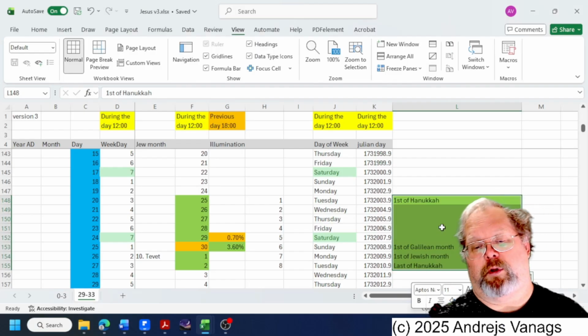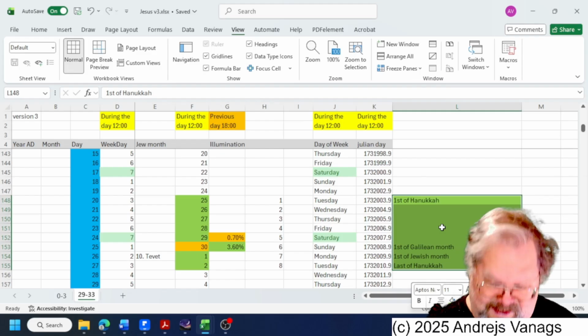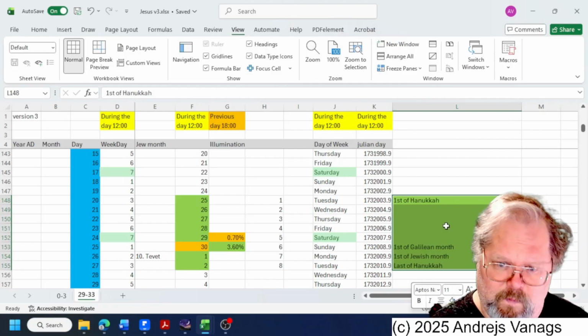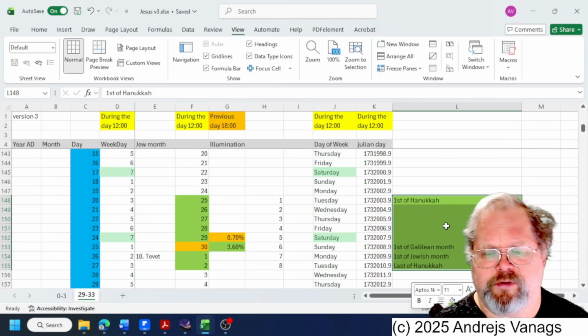It's important to know because the first of Hanukkah was when Jesus Christ came, as John tells us, into the temple and saw the old widow making a donation to the treasury, and rich people were not doing that or something like that. So this will define the date in which that happened. So in that sense, it's important.